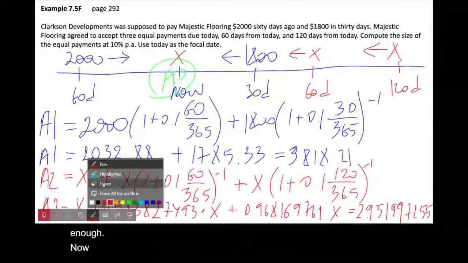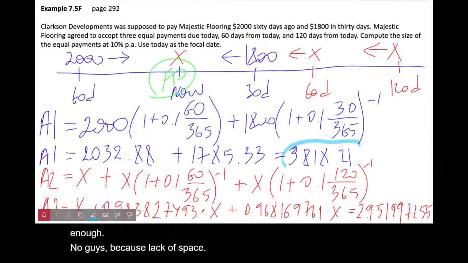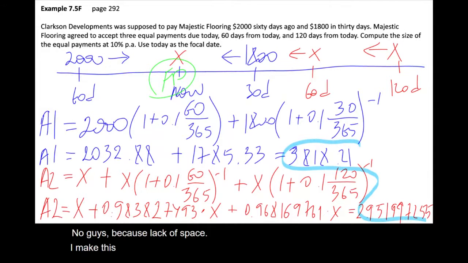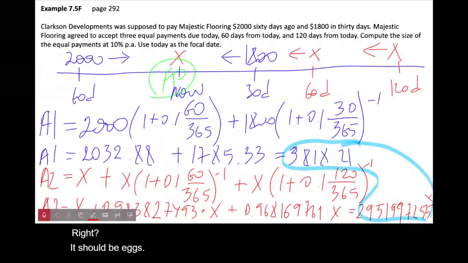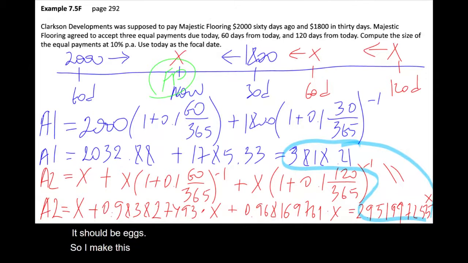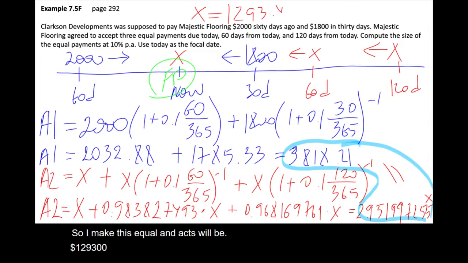Now guys, because of lack of space, I make this equal, right? It should be x. So I make this equal, and x will be $1,293.43. Any questions?